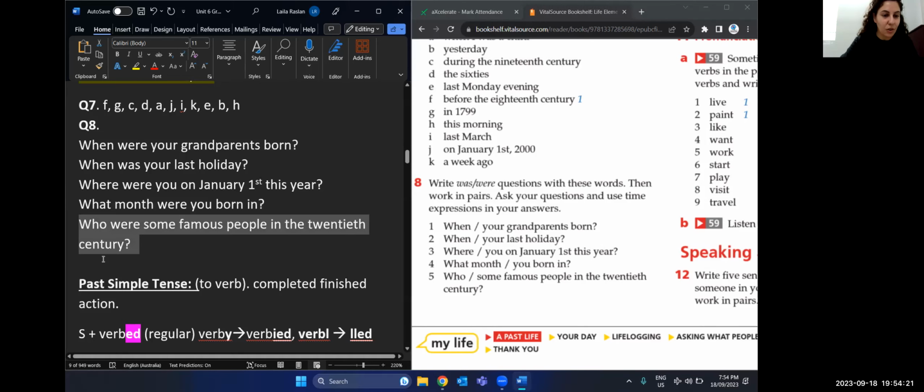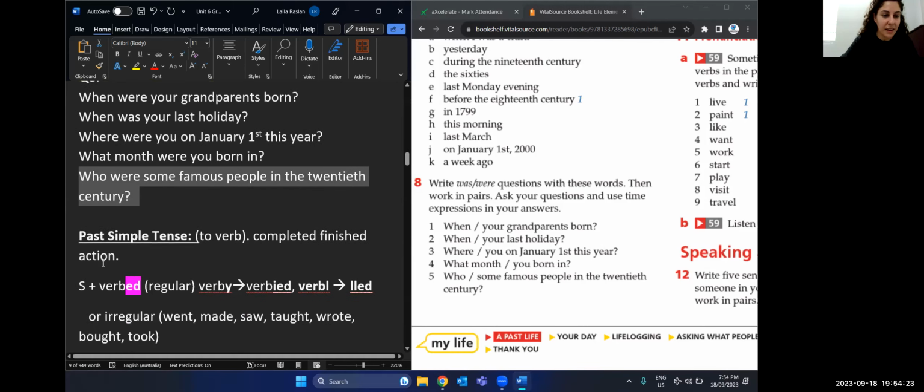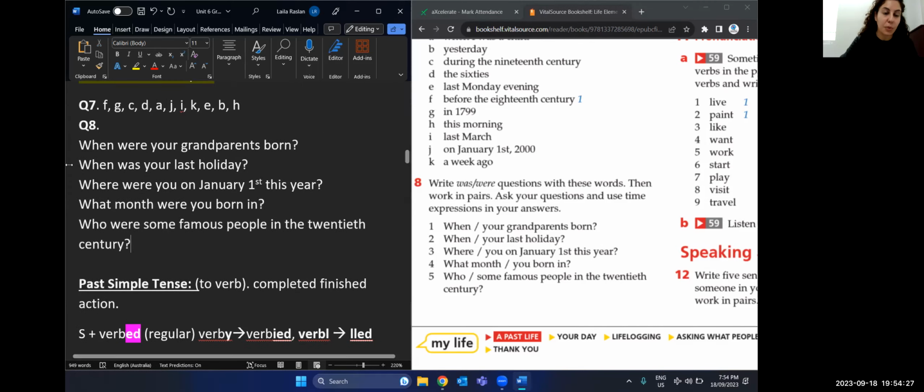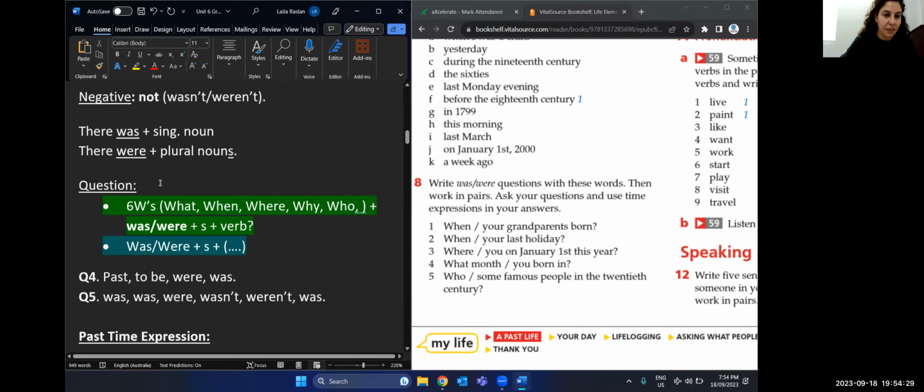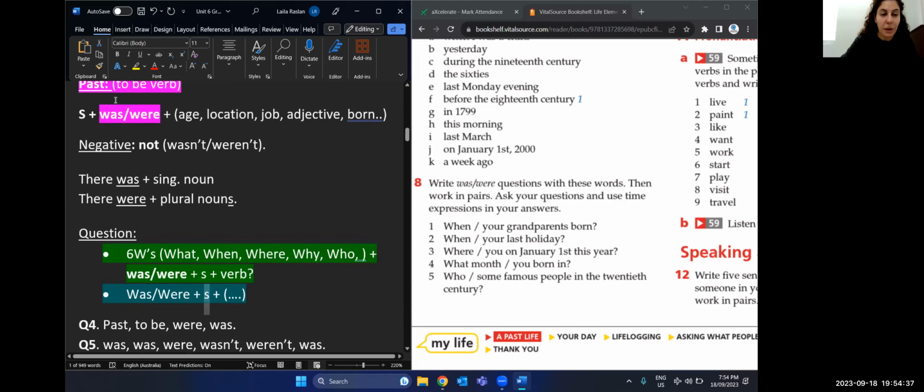Good. Okay, so all we had to remember was the subject verb, but when you make a question, you put the verb first. If I look back at the rules, we put the verb first and then the subject in a question. But when I make a normal sentence, I start with the subject. I was born in Australia.